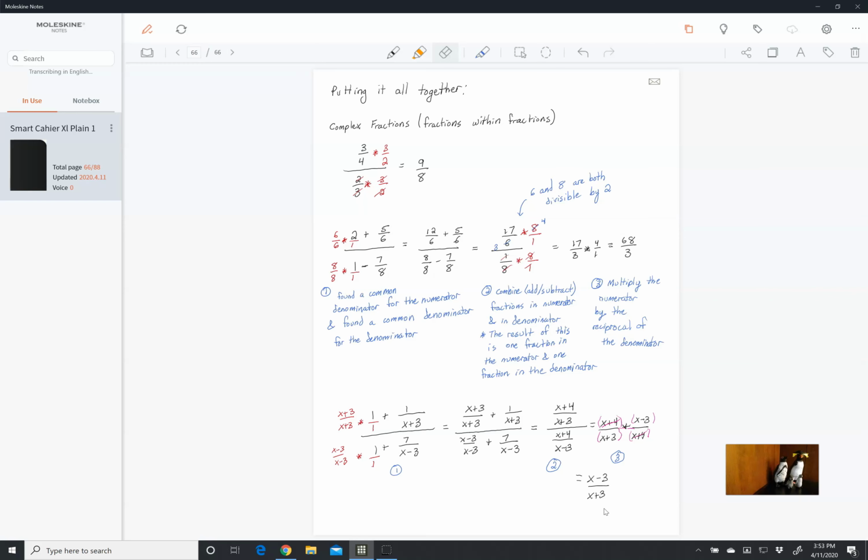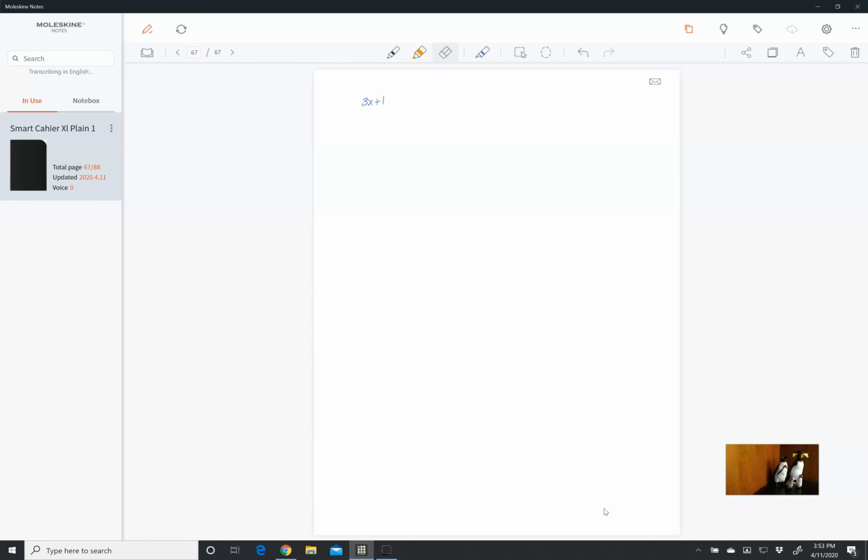Let's take another example of a complex fraction. So let's say, for example, that we have 3x plus 1 over x squared minus 49, and then we have 9x squared minus 1 over x minus 7.